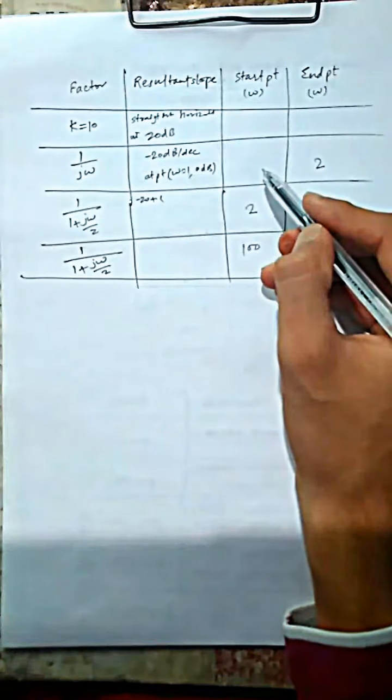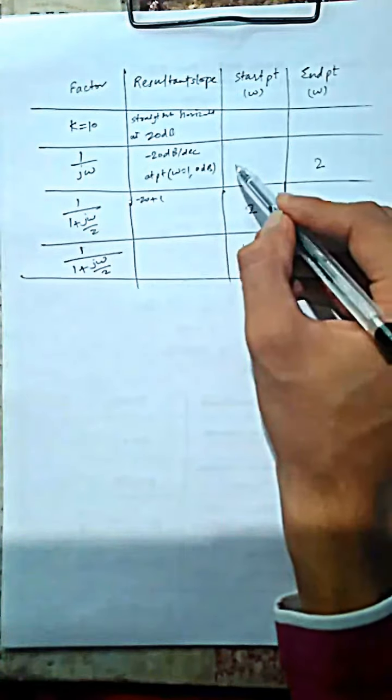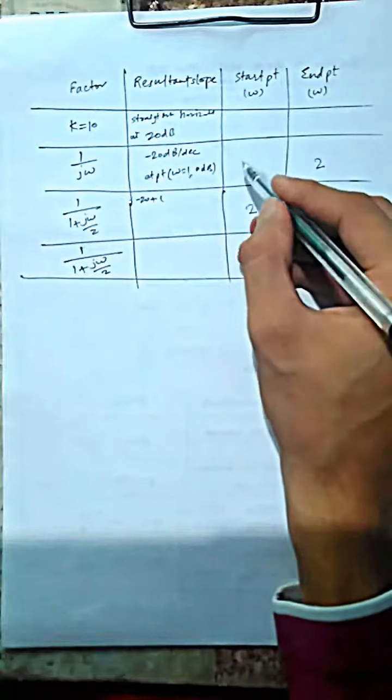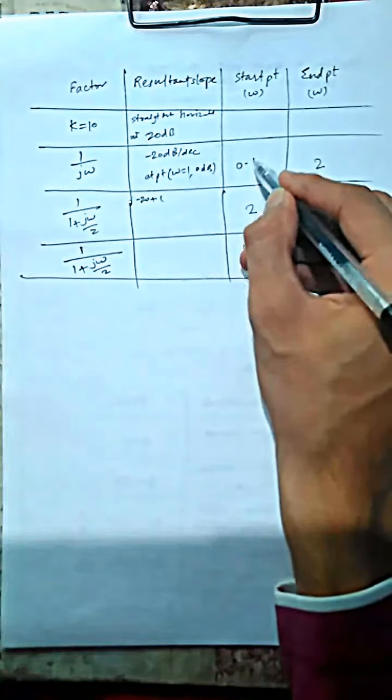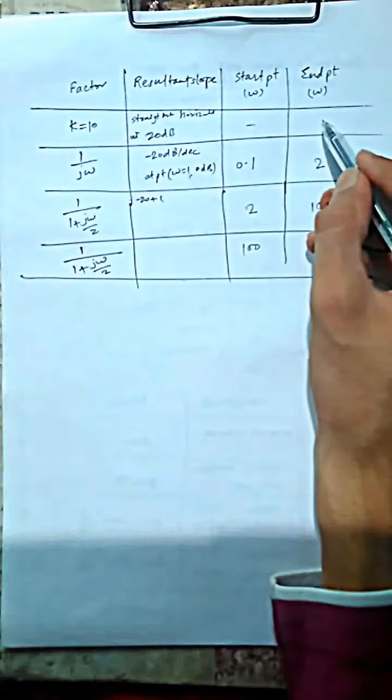And assume any starting point and give it a name here. Let us say we assume 0.1 to be our starting point. For gain, we don't need to bother about this.